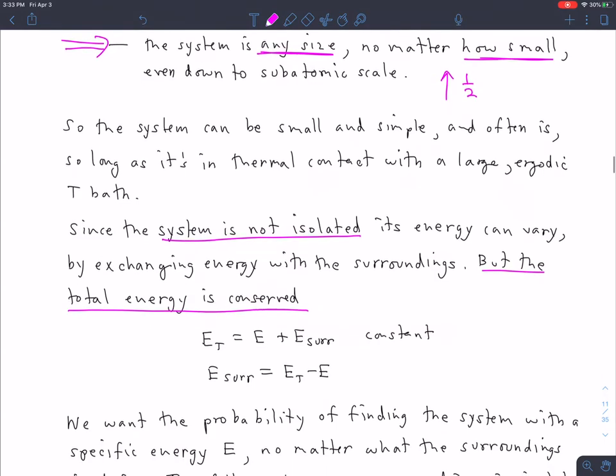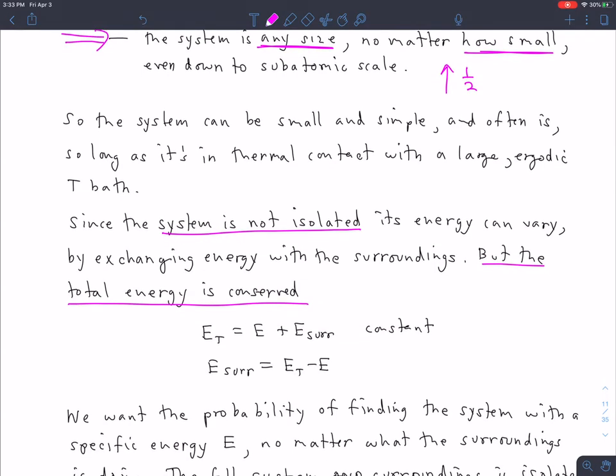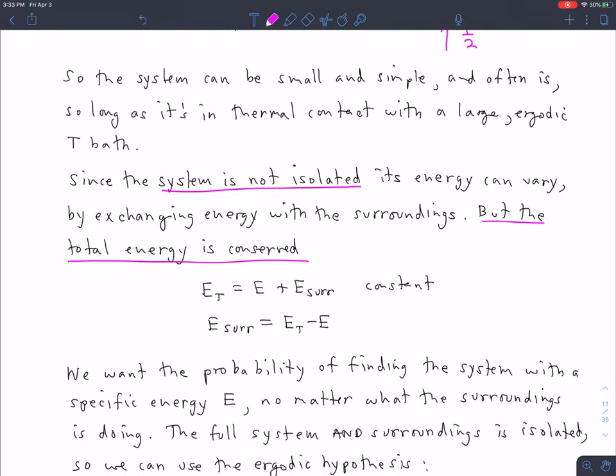All right. Since the system is not isolated, the energy of the system isn't conserved, but the total energy for the total system, the system and surroundings, we're going to assume is conserved. So the total energy, E_T, is a conserved quantity. That means it has to be a sum of the system energy plus the surroundings energy.